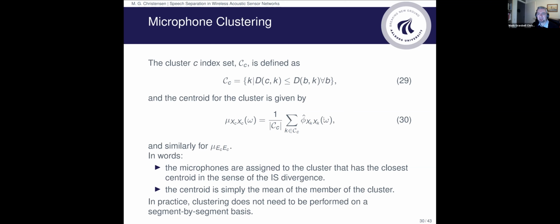In case you're wondering about real-time applications, this clustering is not something you need to do all the time. It doesn't need to be updated faster than the acoustic environment changes, so you can do it on a completely different time scale than the actual enhancement.